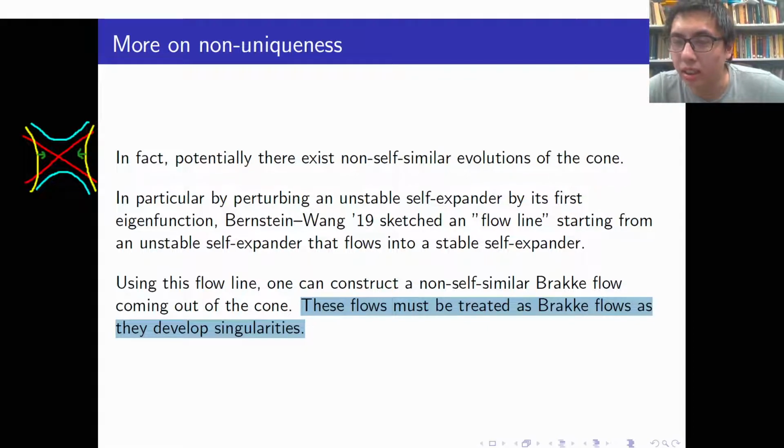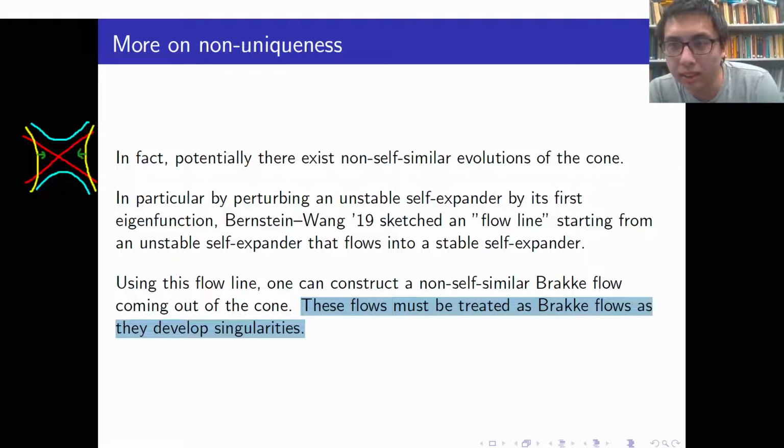I guess it's not an obvious fact that there's a well ordering, but that's a theorem of Bernstein-Wang. But if you can do that, then it has to move in, right? The limit at infinity flows into a stable self-expander. The limit at infinity has to be this light blue two-sheeted disconnected self-expander, right? So at some point, the flow that we produce is going to have a cylindrical singularity where it disconnects in order to flow to the disconnected one.